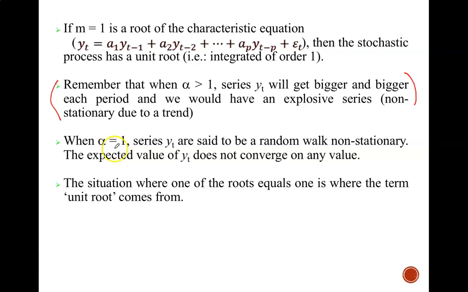So when alpha equals 1, the series is said to be a random walk, non-stationary. That is, the expected y does not converge to any value, right? This situation is where one of the roots equals 1, which is where the term unit root comes from. So this is why we call it the unit root test.